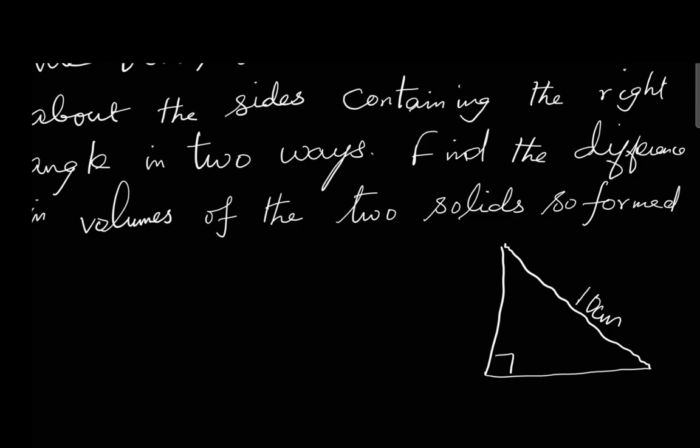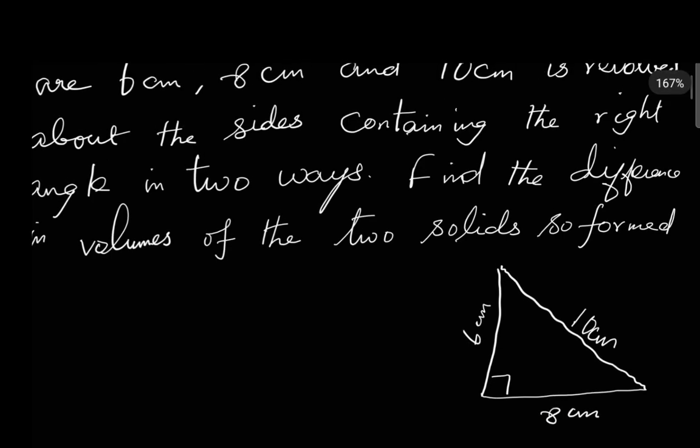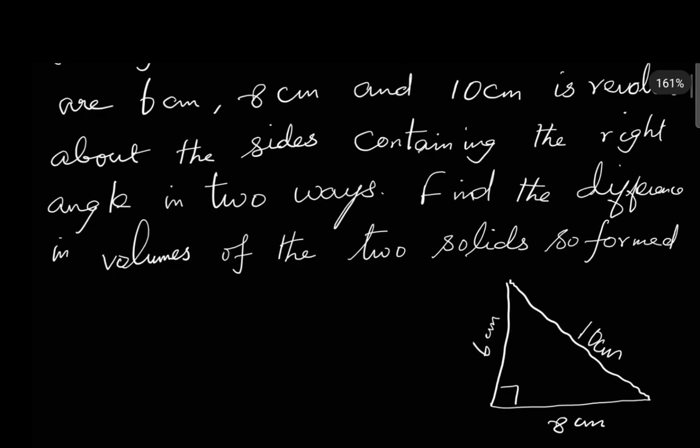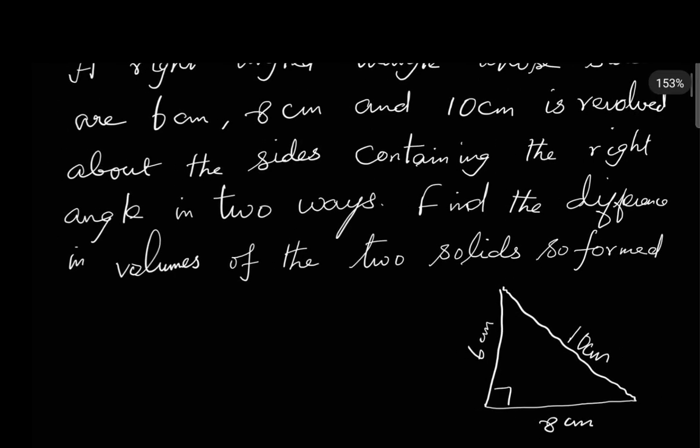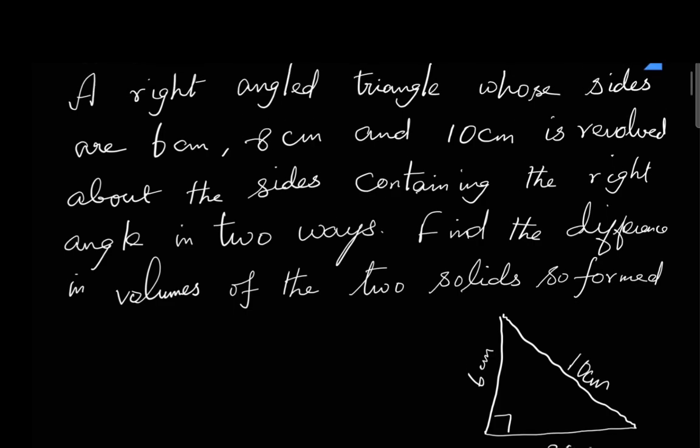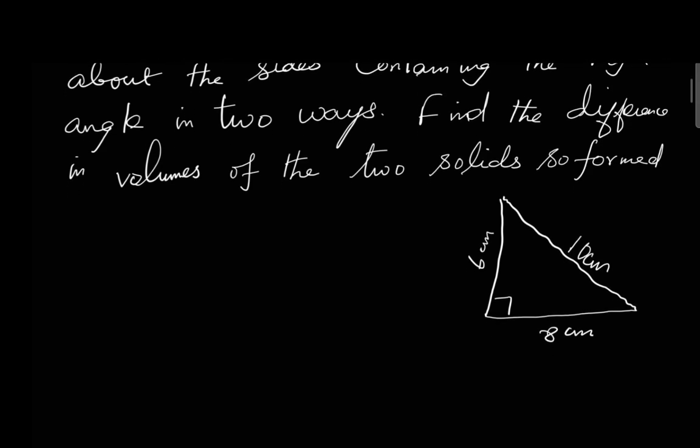Let me take one as 6 cm and the other as 8 cm. This triangle is revolved about the sides containing the right angle, which are 8 cm and 6 cm.